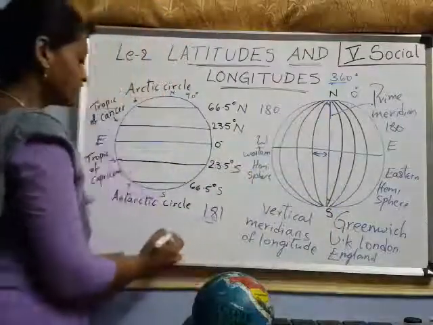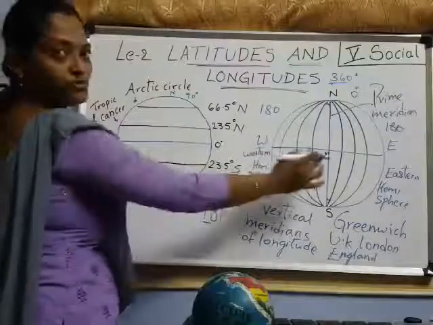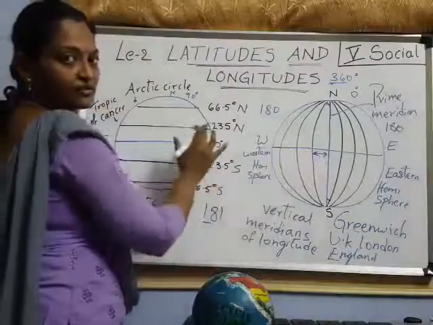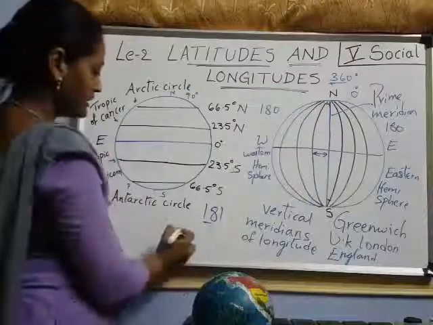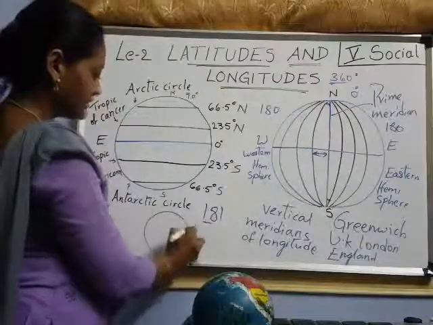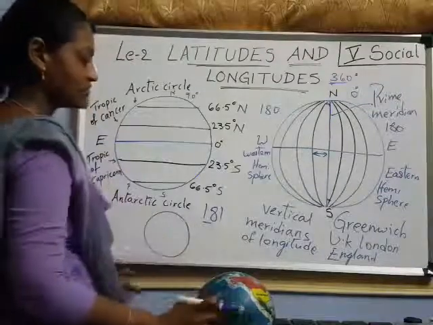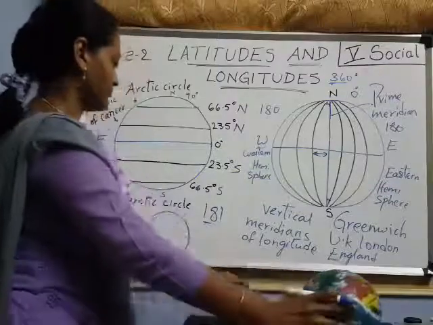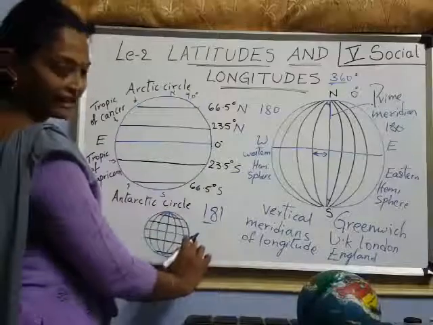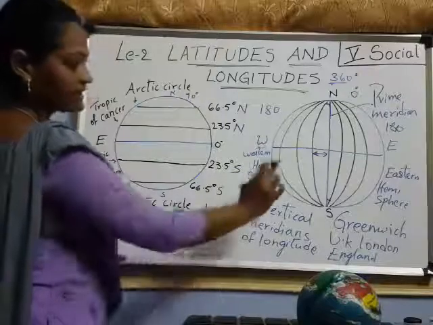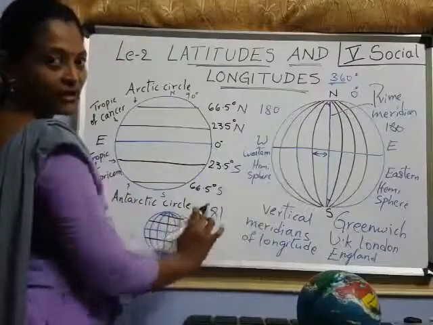Now coming to here, these two lines, latitudes and longitudes, form a grid. What do they form? Grid. Now look at here, I am drawing here. Suppose this is the globe. Here horizontal lines are latitudes, vertical lines are meridians or longitudes.